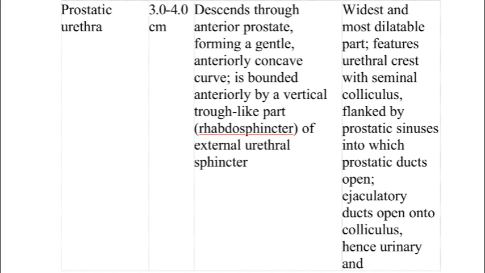Okay, the prostatic urethra, you have it descending through the anterior part of the prostate, and it forms a gentle anterior concave curve bounded anteriorly by a vertical trough-like part, what we call the rhabdosphincter of the external urethral sphincter.